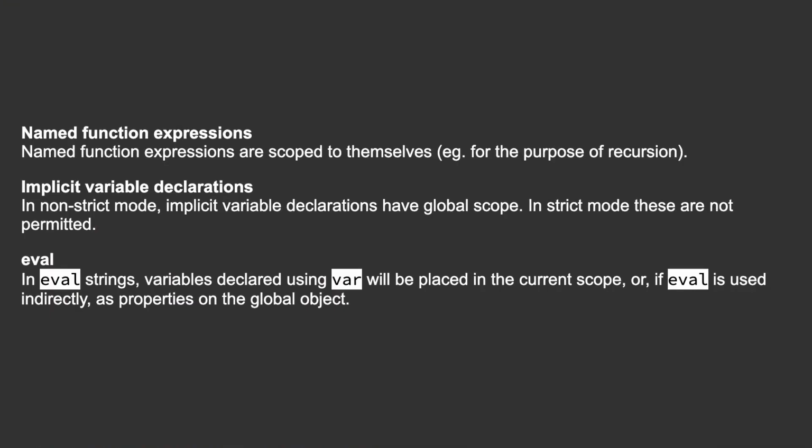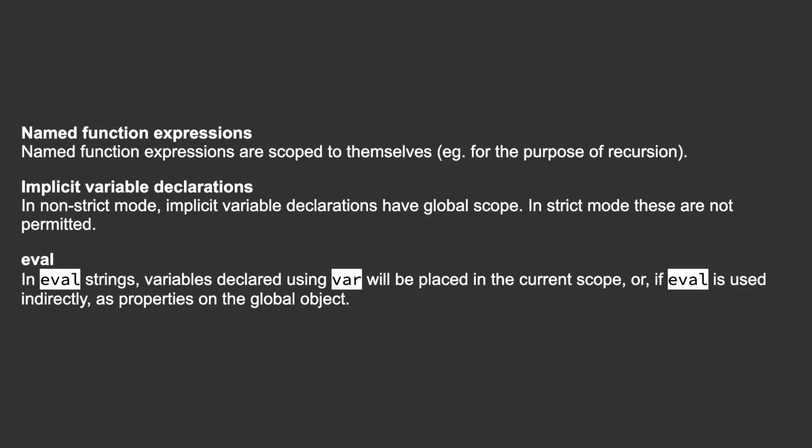Named function expressions. Named function expressions are scoped to themselves, for example for the purpose of recursion. Implicit variable declarations. In non-strict mode, implicit variable declarations have global scope. In strict mode these are not permitted.